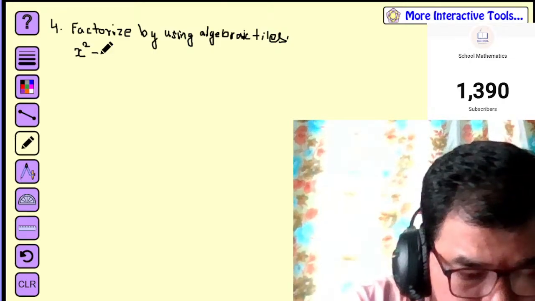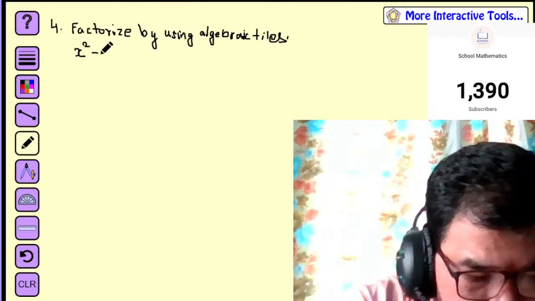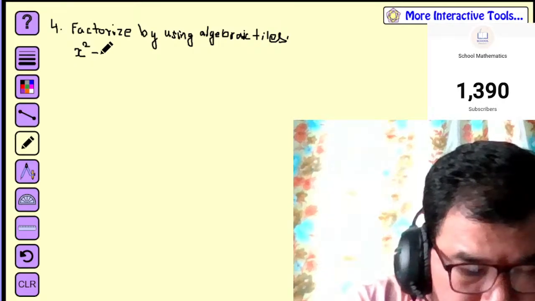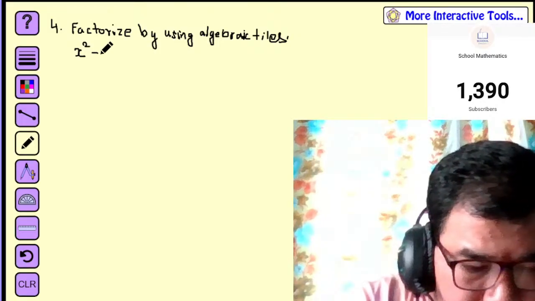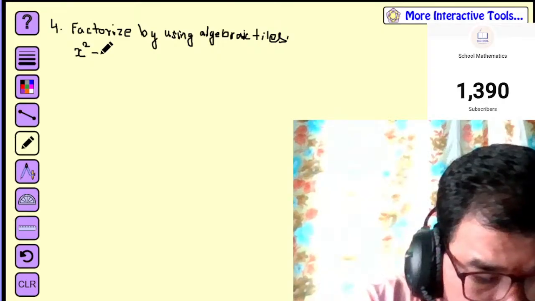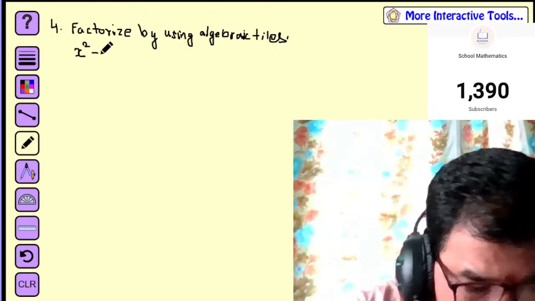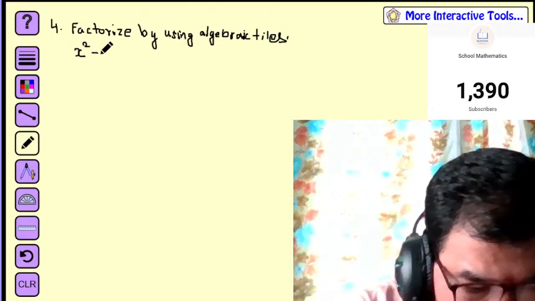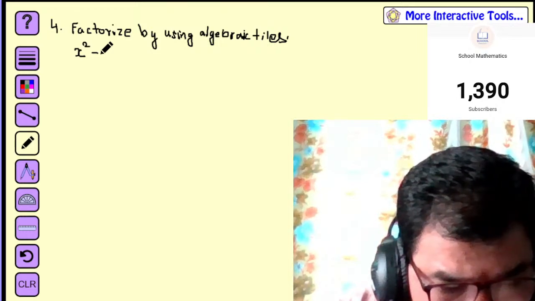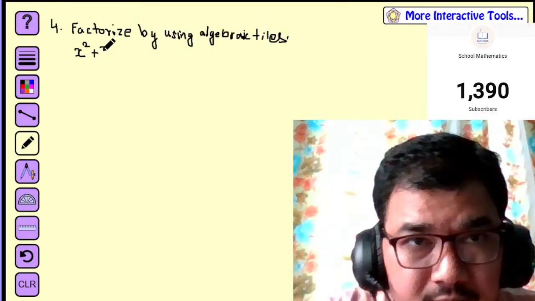The question is x square plus 3x, okay? Here is given plus 3x.